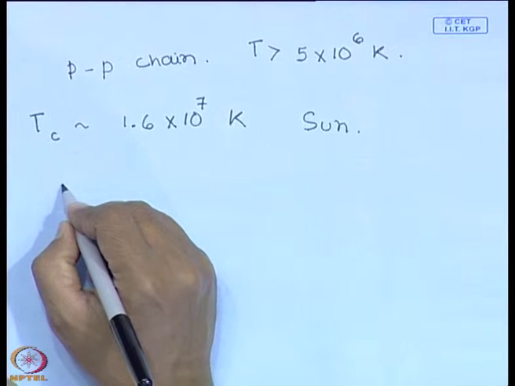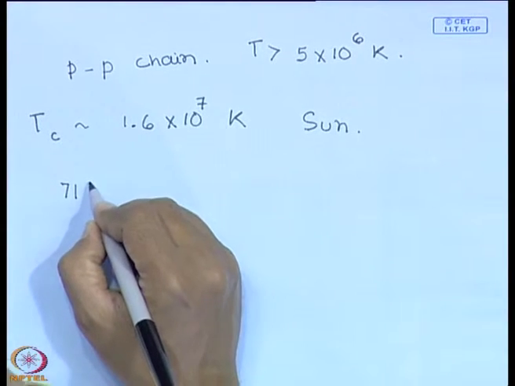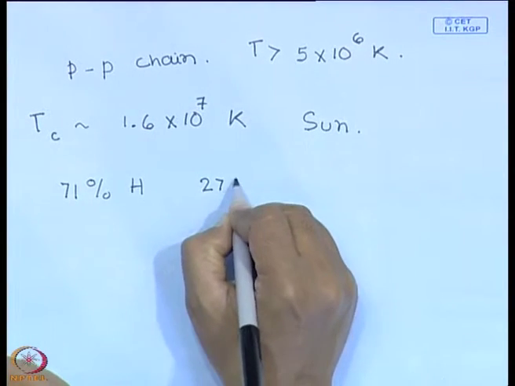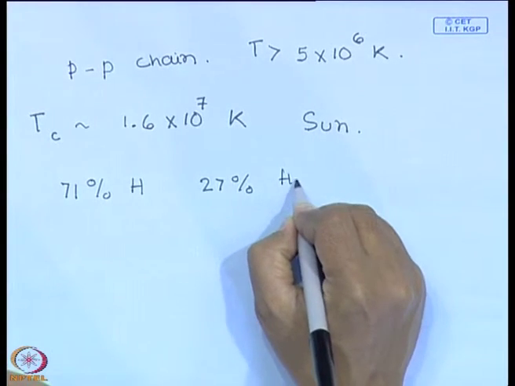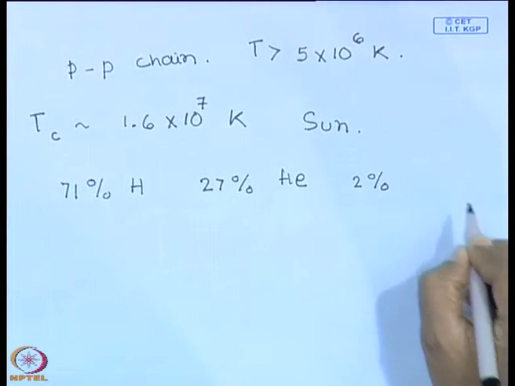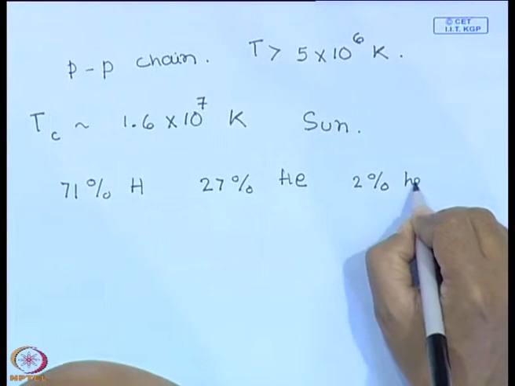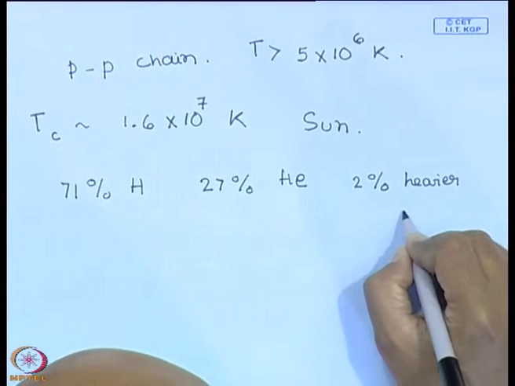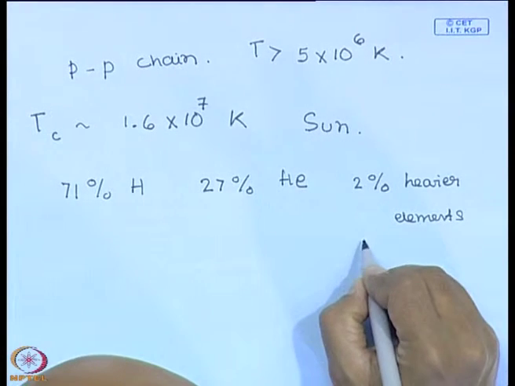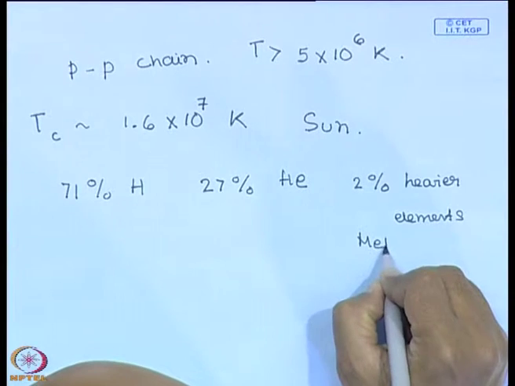The solar constitution at the beginning, we know that it is 71% hydrogen, 27% helium, 2% heavier elements, which in astrophysics are known as metals.